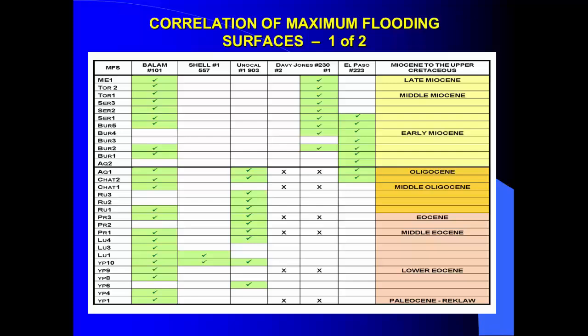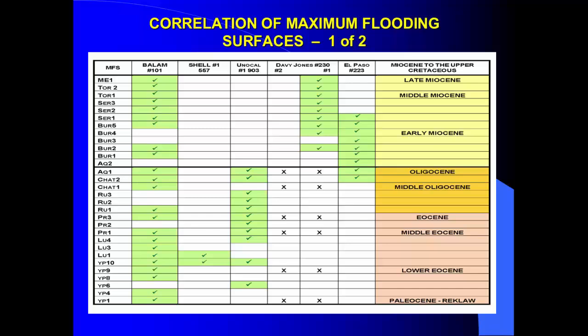So here we go. So here's the Balm, the Shell 557, Unocal 903, Davy Jones number 2, Davy Jones number 1, and this is the El Paso 223. I left off the 222.